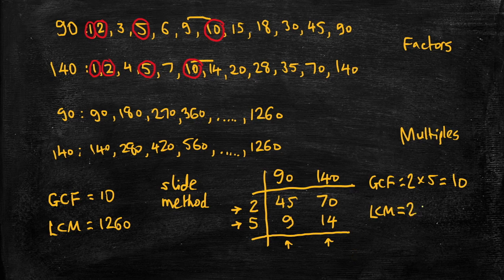So 2 times 5 times 9 times 14, and that comes to 1,260. So the slide method is a method for determining the greatest common factor and the least common multiple in a more efficient way than simply writing out all the factors and writing out multiples till we get to a common one.